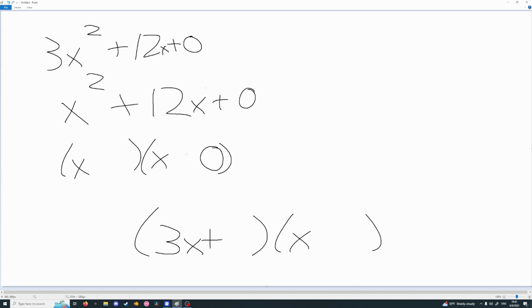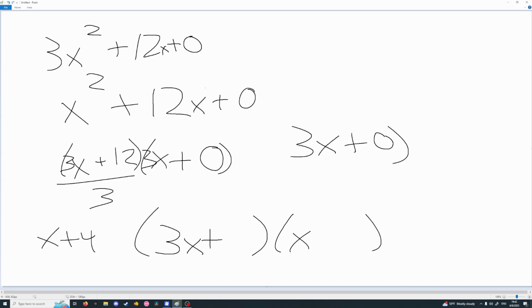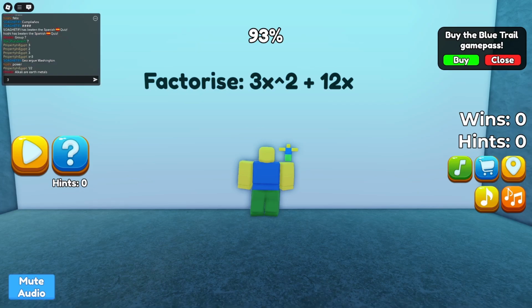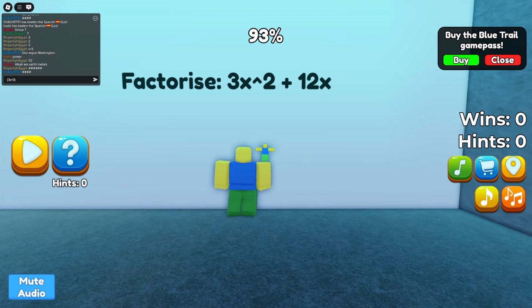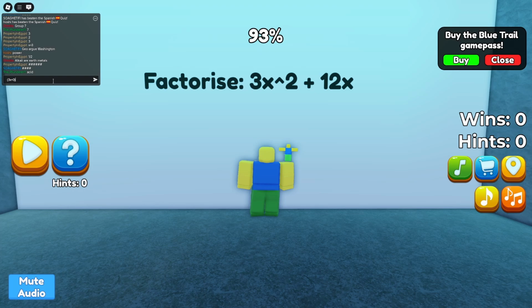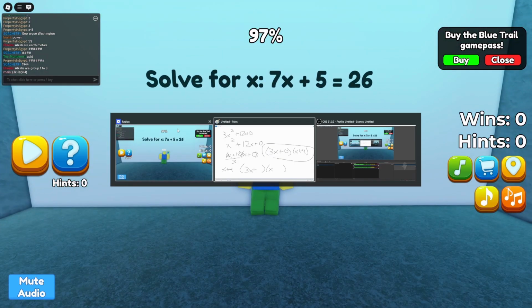Of course one of these has to be 0. So we divide by 3, and then we have x plus 4. So I think we have 3x plus 0, x plus 4? Let's try that. 3x plus 0, and then x plus 4. All right, let's go, dude.